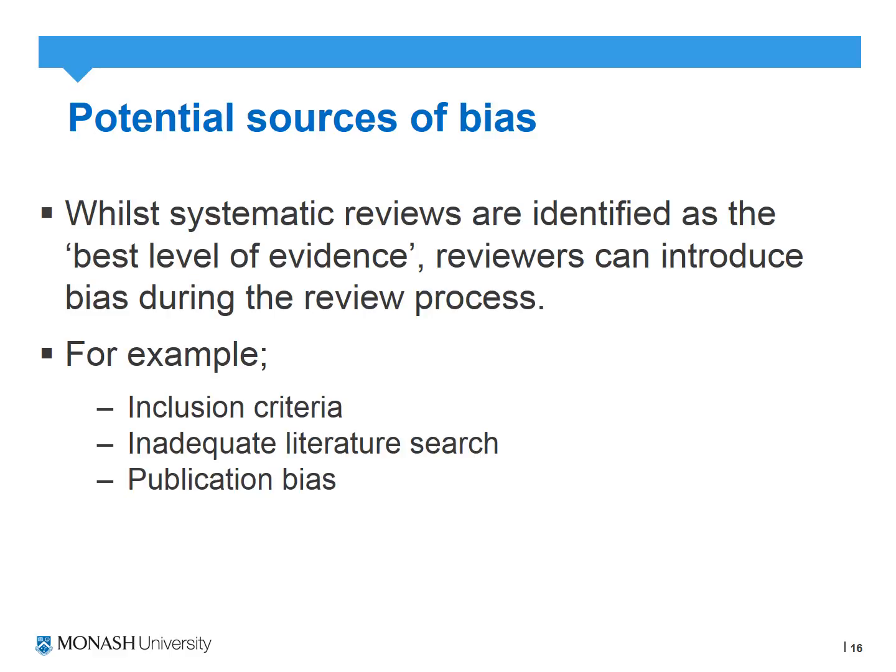There are biases specific to conducting a systematic review, and they may relate to the type of inclusion criteria that you've selected, so whether or not you've made the inclusion criteria too specific, and the literature search, that is, whether or not you've only searched one database.